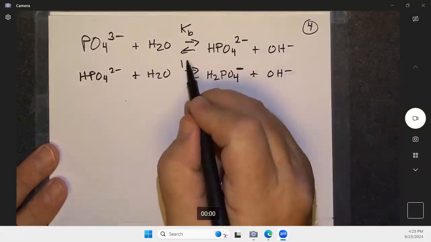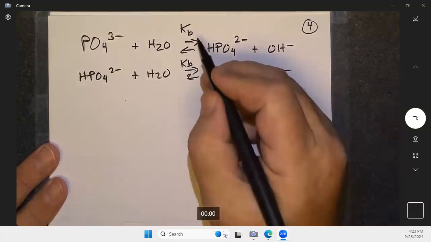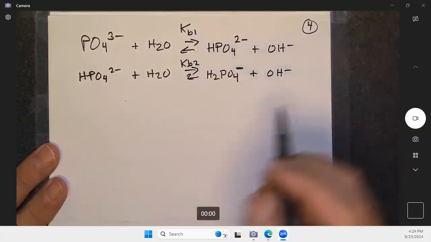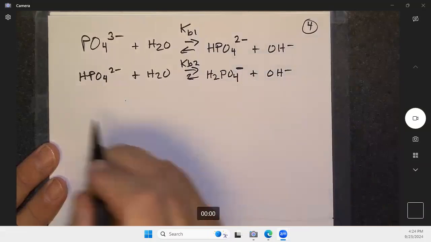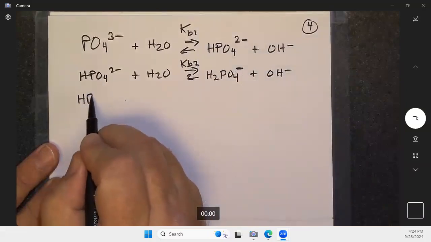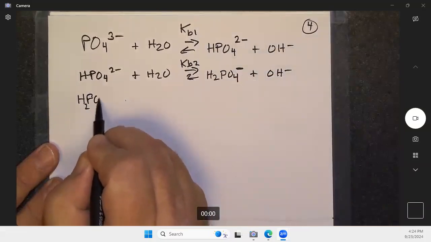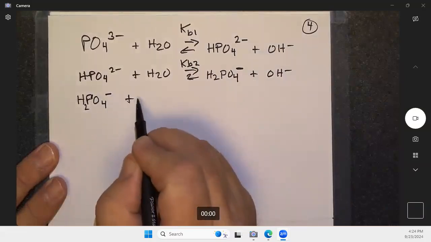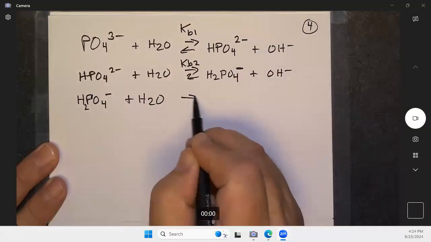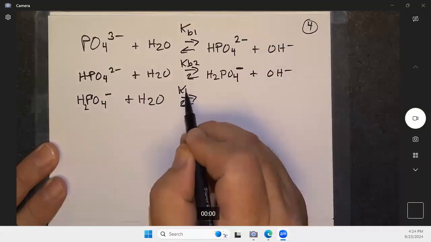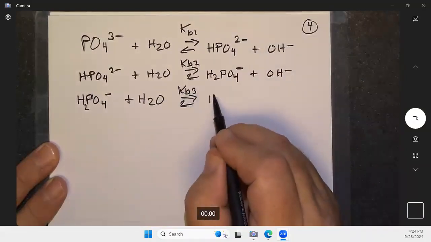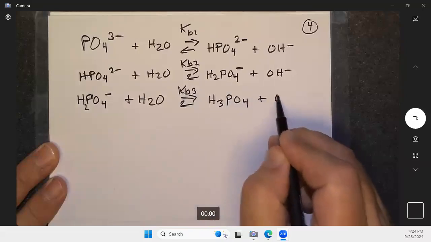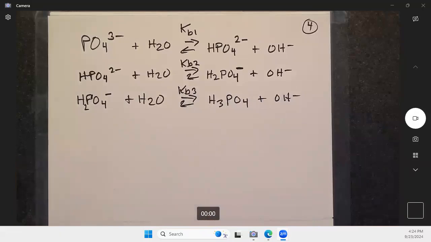And so this is also a Kb. So this is Kb1 and this is Kb2. And we can actually stick another H plus on there. H2PO4 minus plus H2O. This will be Kb3, and we reform phosphoric acid and OH minus.